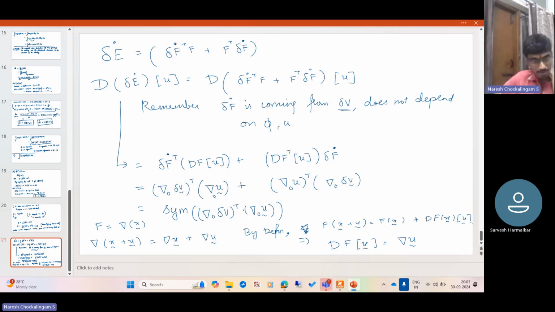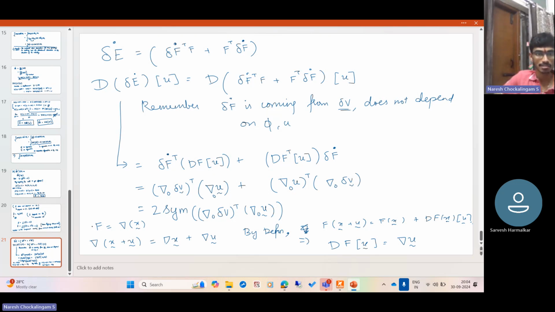Sorry, this is not the symmetric part, this is 2 times the symmetric part. Because if you take a transpose of this, you get del u transpose del v, which is the second term. So this is two times the symmetric part of this thing.